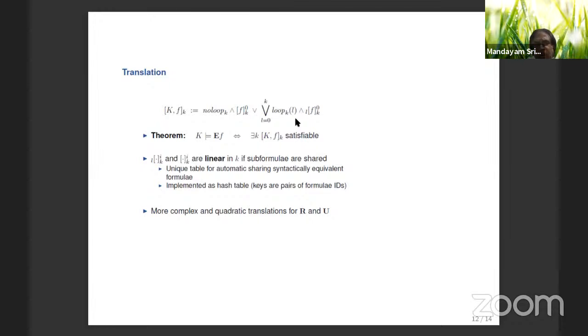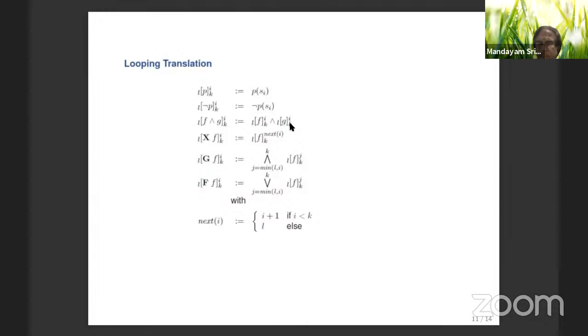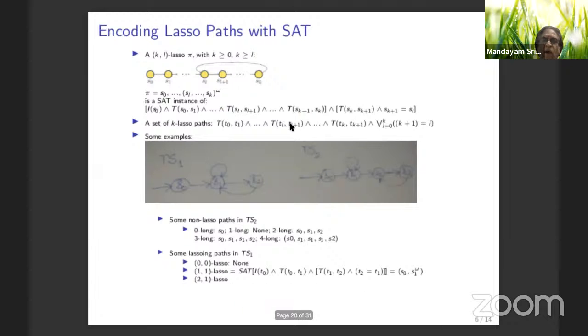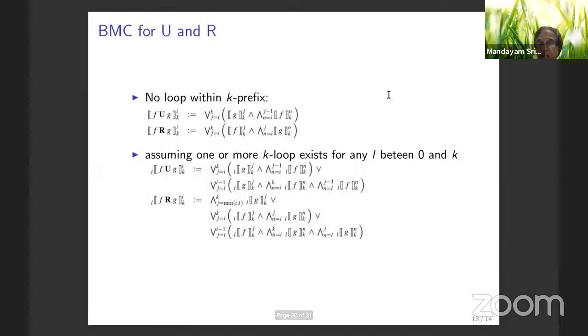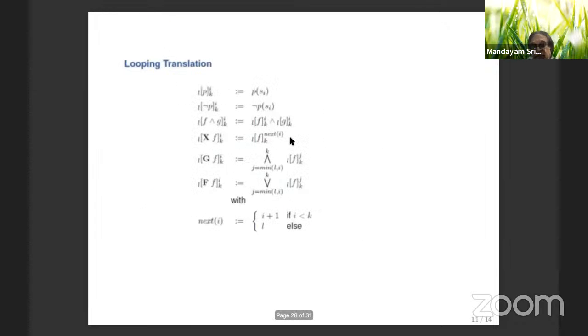I really suggest as an exercise that you get familiar with this translation by translating some formulas on these two simple examples, for K equal to 1, 2, 3. This is simple enough that you should do it, because no matter how much I explain, understanding recursive things is hard.